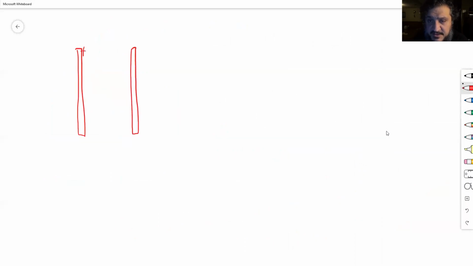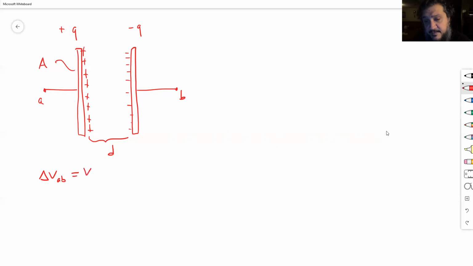And you have charges here, positive charges and negative charges, Q and negative Q. And these two are held D apart, and the surface area is A. And these 2 points now, call them A and B, have a potential difference, delta VAB, which is VA minus VB.